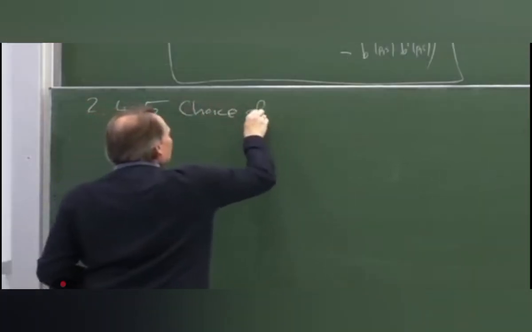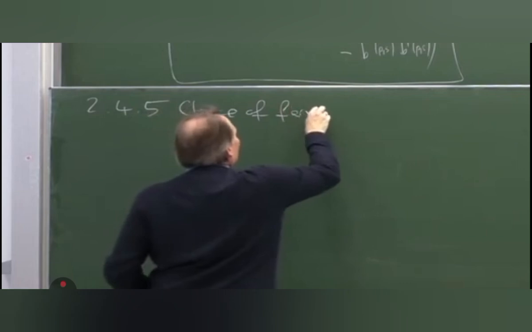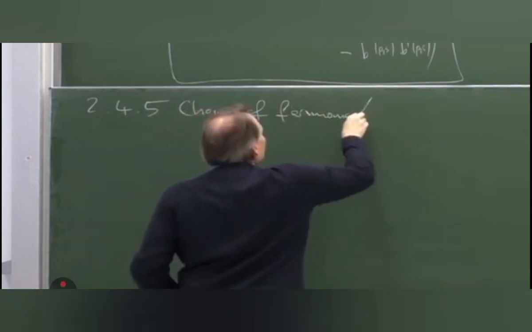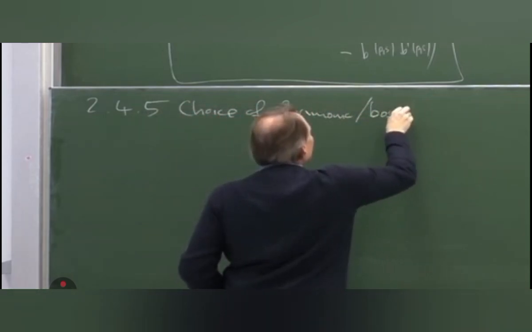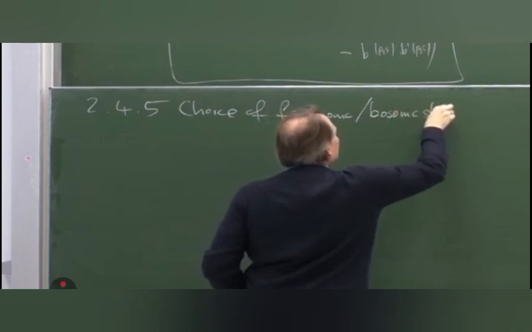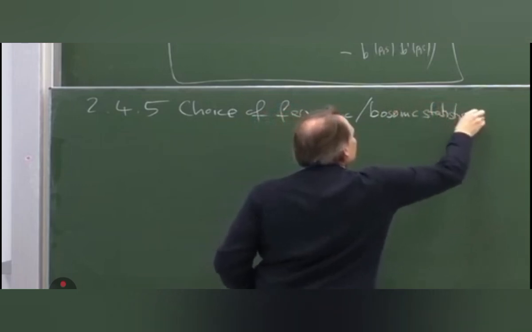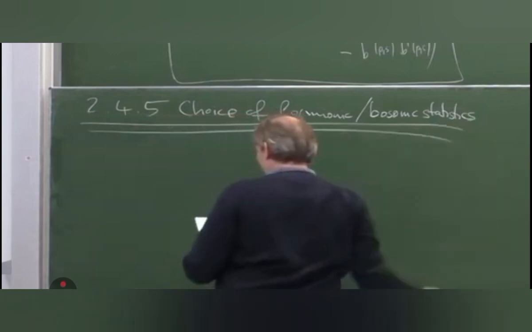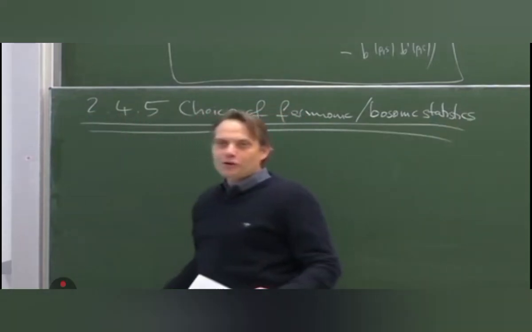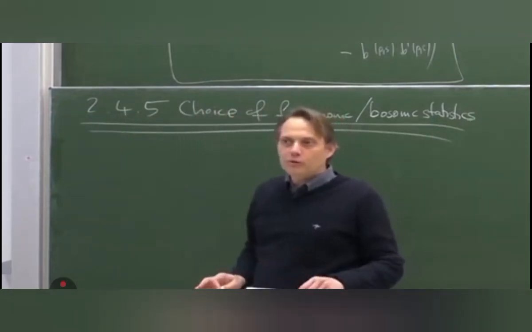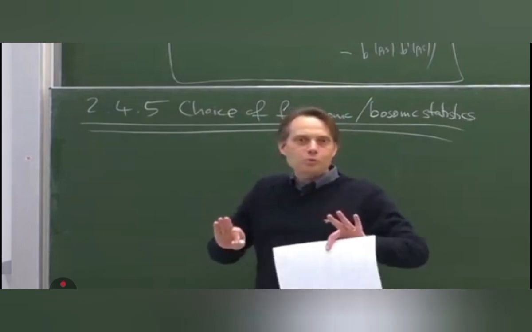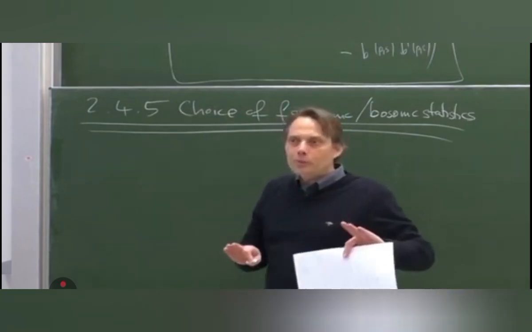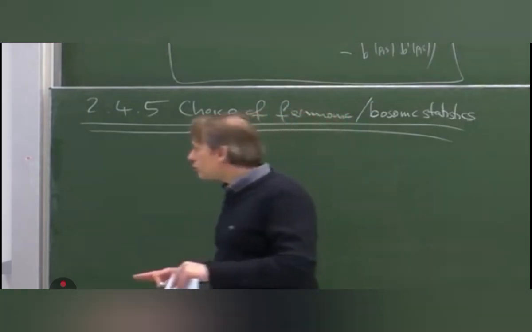Choice of fermionic or bosonic statistics. And actually, let us begin with harmonic oscillators. Let us take a small break from quantum field theory and simply go back to ordinary harmonic oscillators to see what can happen.